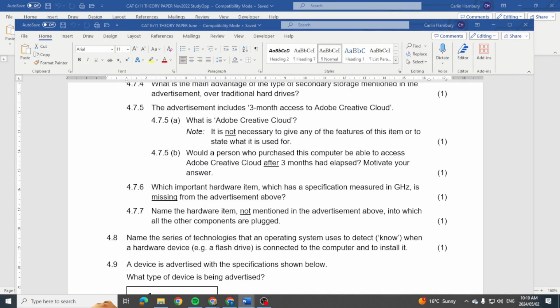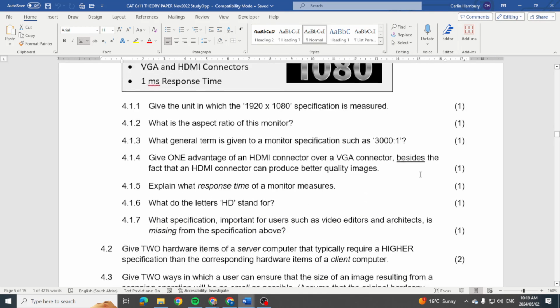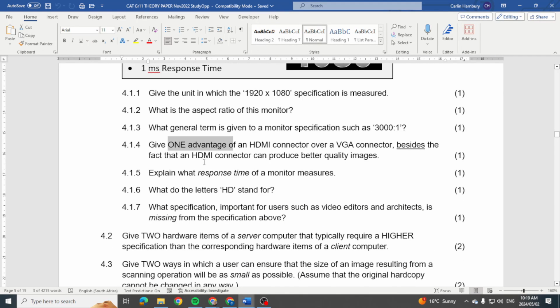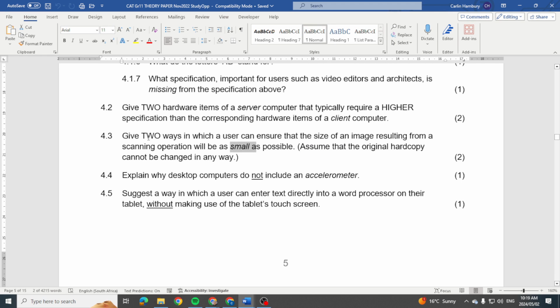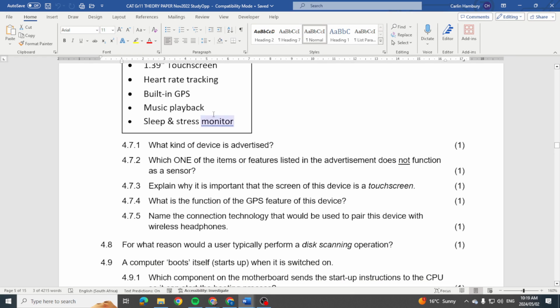Let's have a look at the other paper. Oh, no, wait. Wrong paper. I must see one. There we go. The monitor. One advantage. What does HD stand for? Servers. Computers. Desktops. Right, there again.